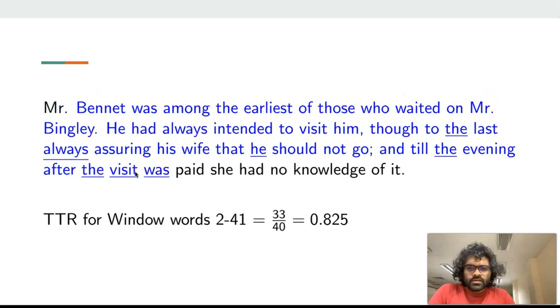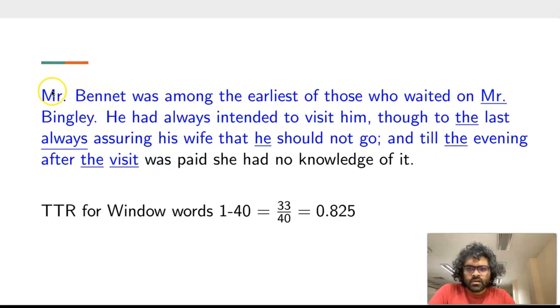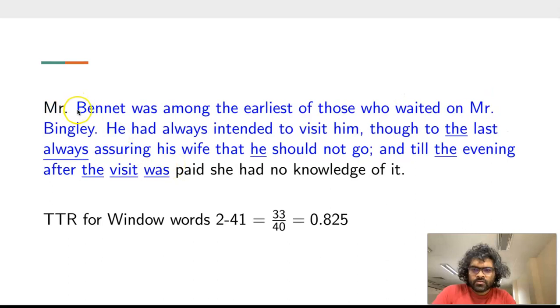Okay, so next we will shift the window. For the first window we started with this Mr. part and ended at the physics part. When we shift the window, it will start with Bennett and will also catch this was part. Now this is the second window, and similarly we'll find the distinct words.